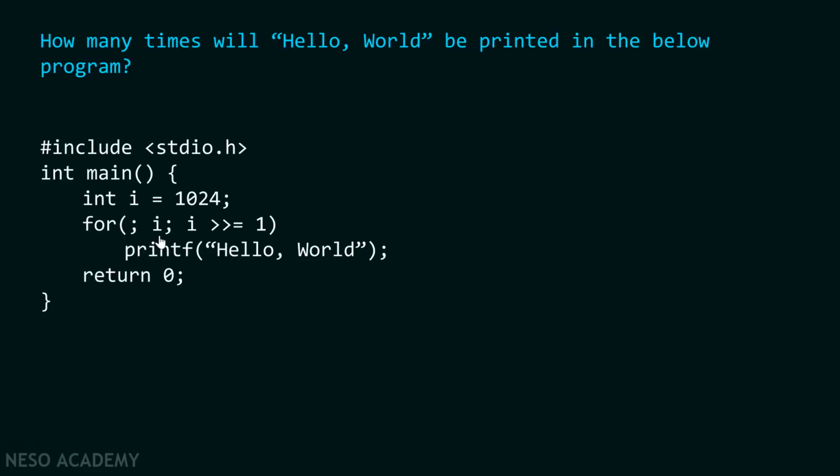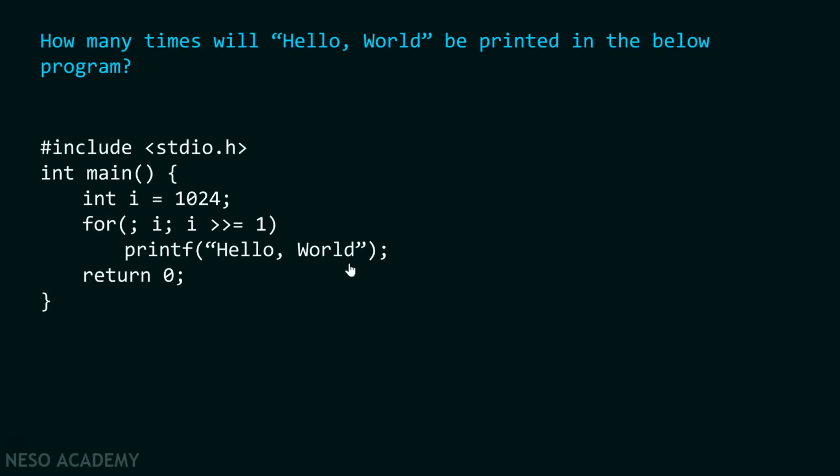Now we already know that condition checking step will always produce the answer as true or false. Now 1024 is a number other than 0, and we already know that number other than 0 is always treated as true. Therefore 1024 will be treated as true, and we come inside this for loop and print hello world on the screen one time, right?